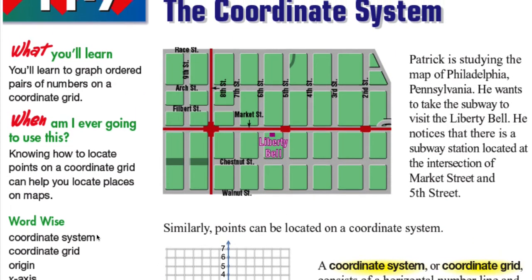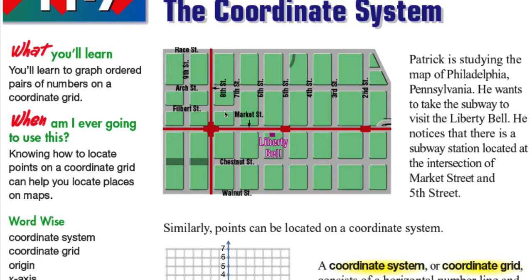Patrick is studying the map of Philadelphia, Pennsylvania. He wants to take the subway to visit the Liberty Bell, which is located here. He notices that there is a subway station located at the intersection of Market Street and Fifth Street, right there.